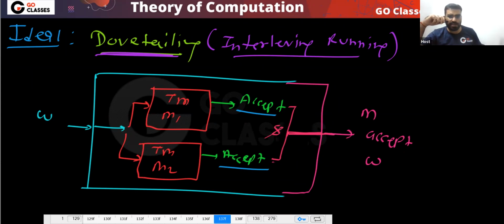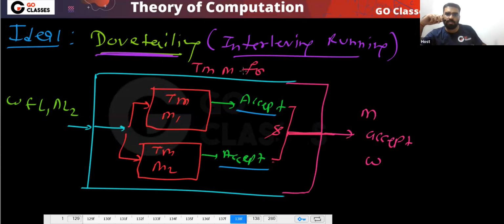Now tell me, can you guarantee that for W belonging to L1 intersection L2, you will halt? So this is Turing machine M for L1 intersection L2. Remember, this is your Turing machine M for L1 intersection L2.